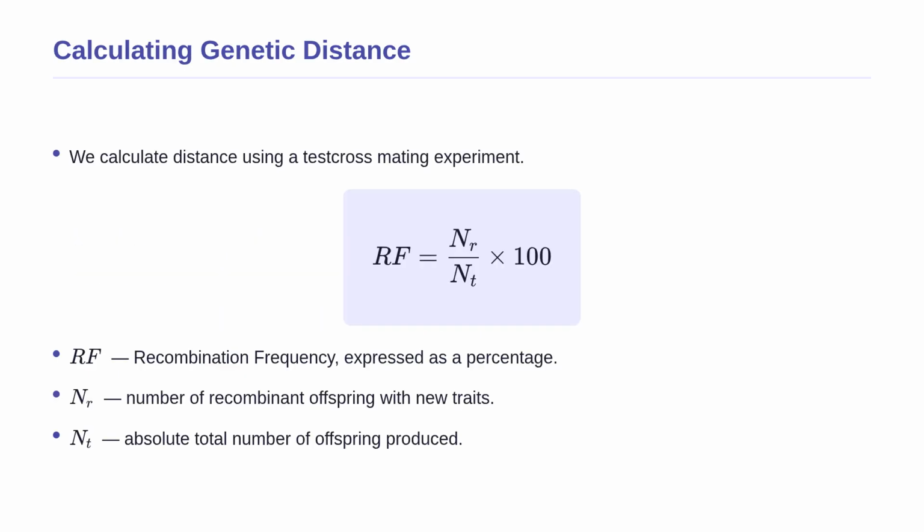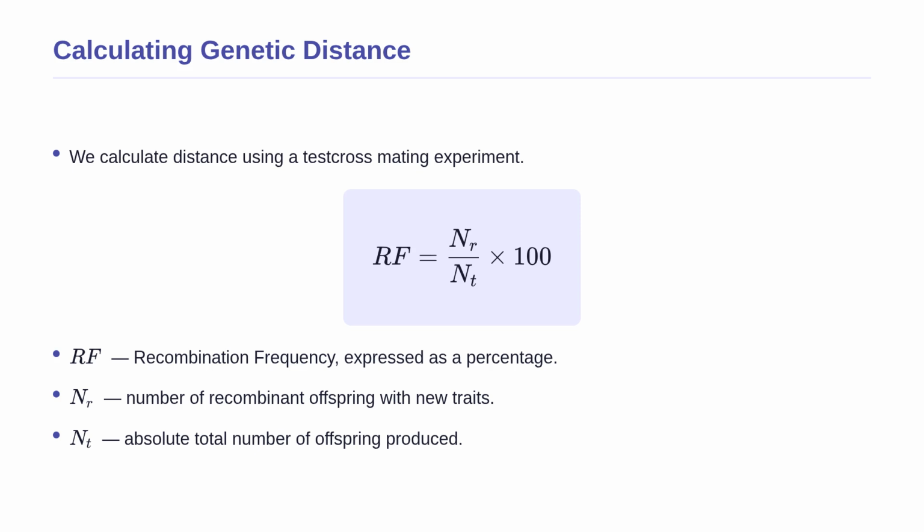Now that we understand what a linkage map is and why it is important, let us look at how we actually calculate these distances. To build a linkage map, we set up a specific mating experiment, usually a test cross, and count the offspring. The formula for recombination frequency is the ratio of recombinant offspring to the total number of offspring, multiplied by 100.